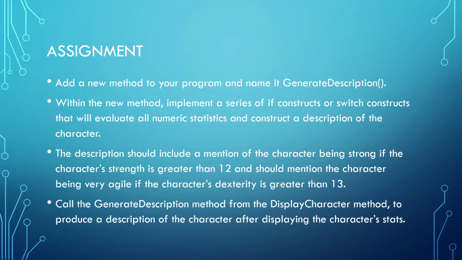Then we'll need to add to description as we build it within the GenerateDescription method. Once that method is completed, you'll want to call it from the DisplayCharacter method to produce a description of the character after displaying the character stats on the console window.